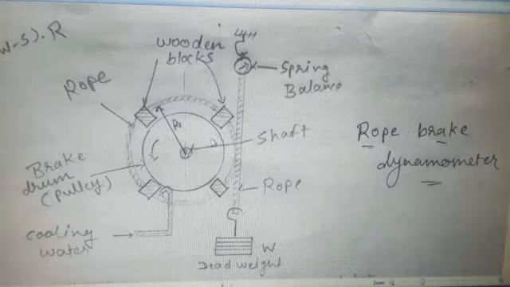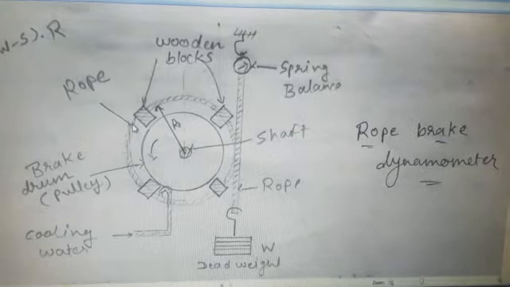So let's start with the construction. This is our shaft. This one is the brake drum. The brake drum is mounted over the shaft. And this is our rope, which is mounted over the brake drum or pulley.